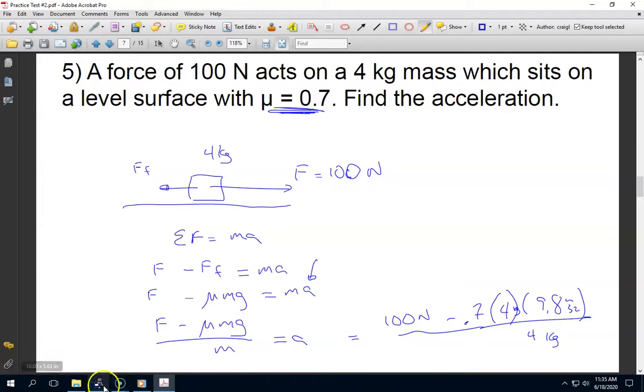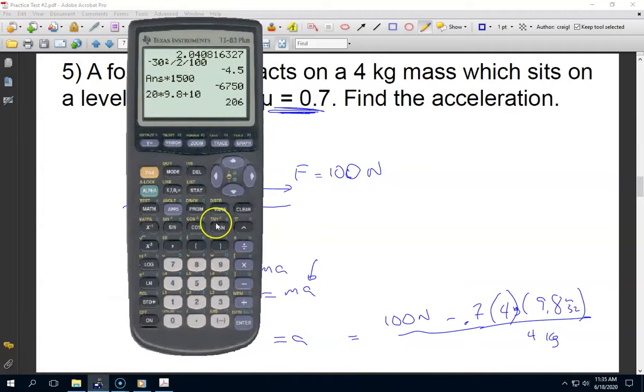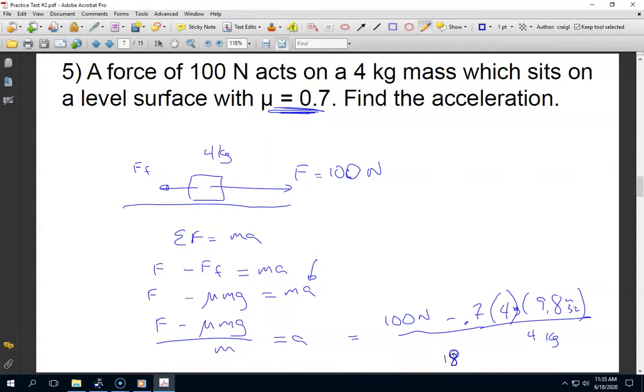So I'm going to pull up my calculator. We'll run through this one. I'm going to put parentheses around the numerator to make sure all that happens first. 0.7 times 4 times 9.8. Close that parenthesis up so the numerator's closed. I can divide the whole numerator by 4 there, and I get 18.14. You'll remember we got 25 meters per second squared when we didn't have friction, and now we're down to 18 because the friction is slowing us down right there.